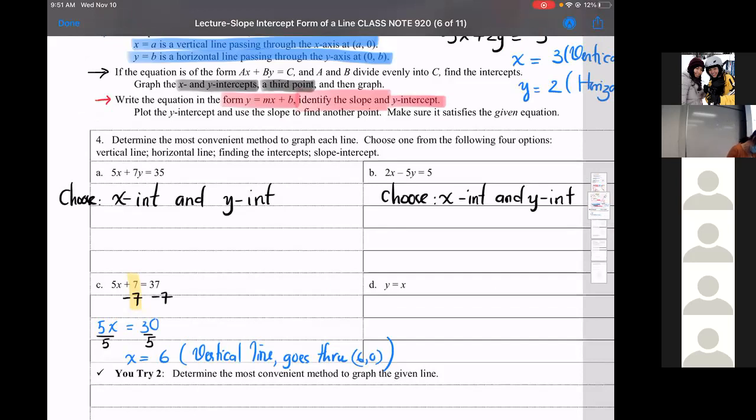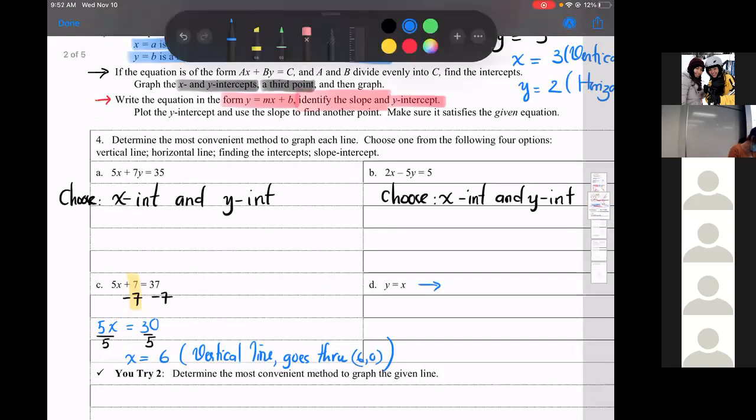Because this one, I can rewrite it as y equal 1 times x plus 0, right? So what's the slope? Slope is 1. What's the y-intercept? 0, 0, right?